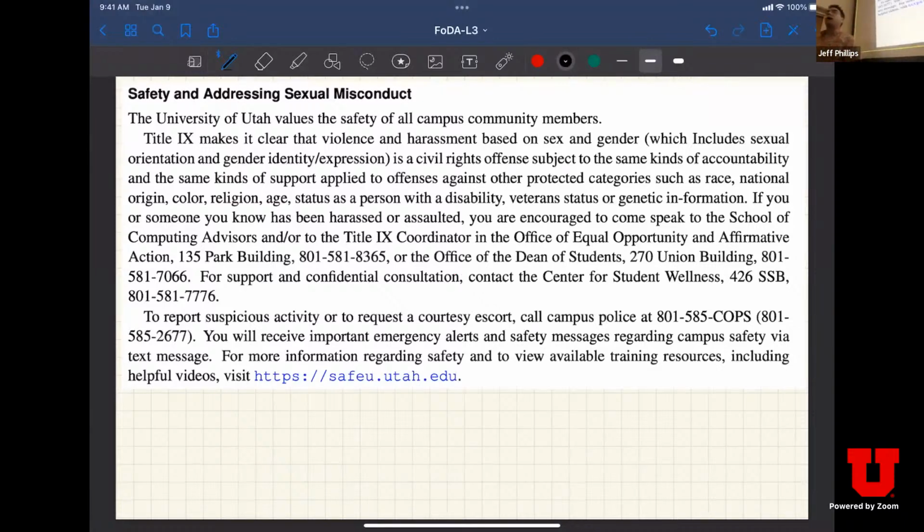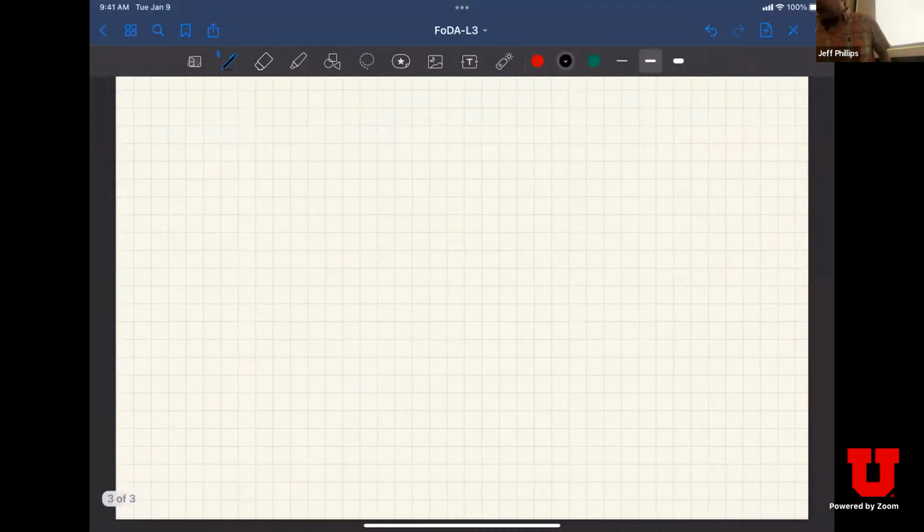It's important to have a safe atmosphere in the classroom, and I will do everything that I can to keep a safe atmosphere here, and I hope you feel that way everywhere on campus. So great.